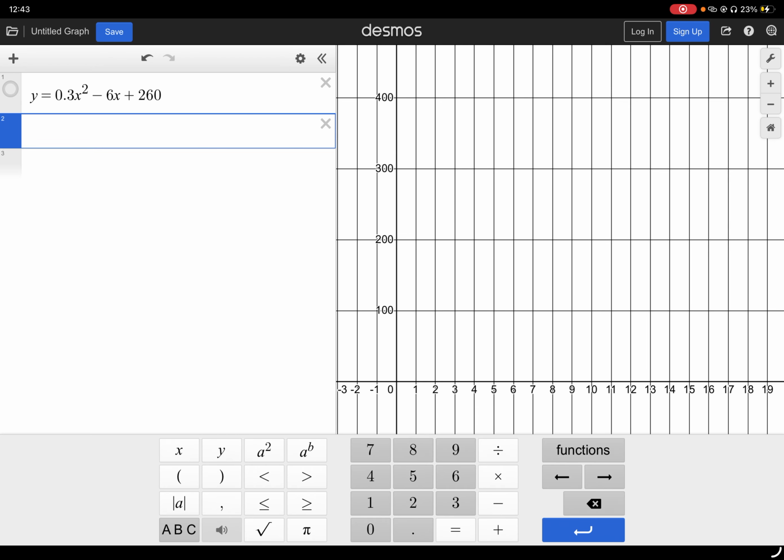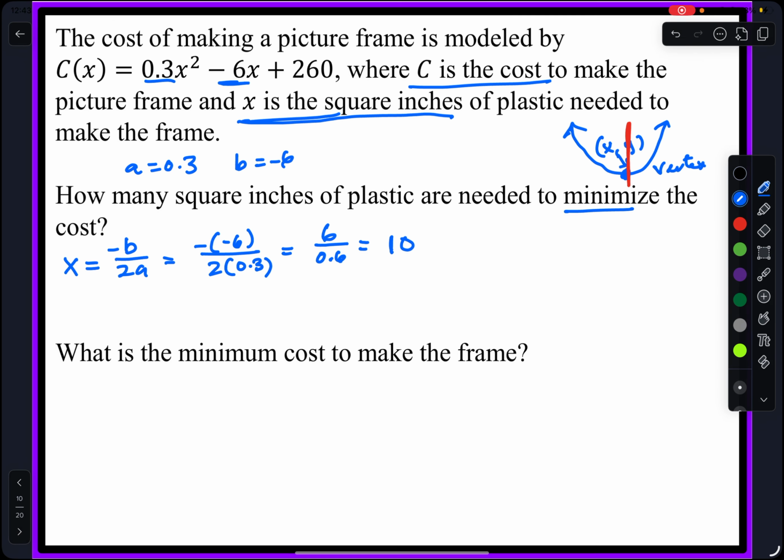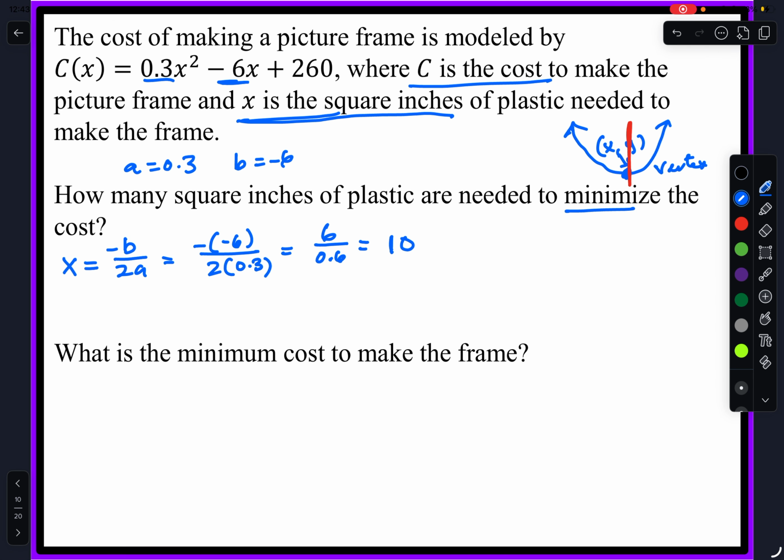So we're going to get the negative of our b value, negative 6, and 2 will be divided by 0.3, yep, which like I said is 10. So the minimum is occurring when X is equal to 10. So when they use 10 square inches of plastic and no more than that, that's going to minimize the cost. So our answer right now is 10.